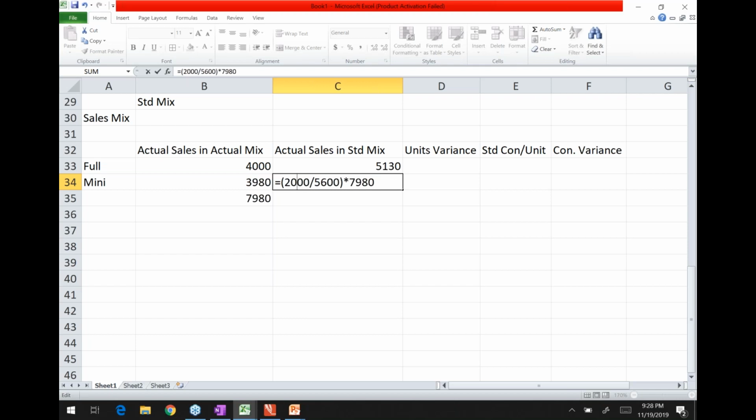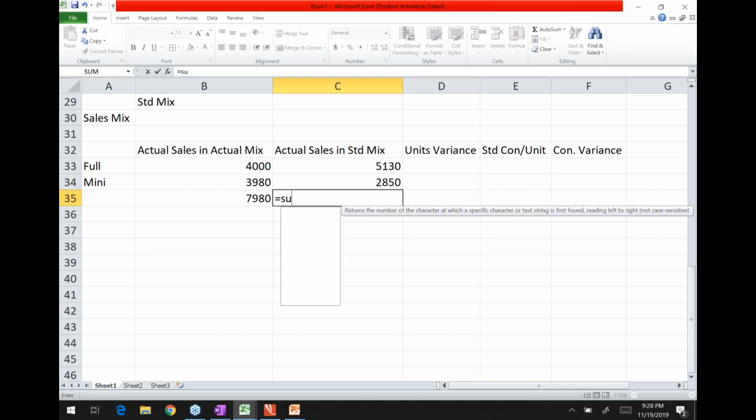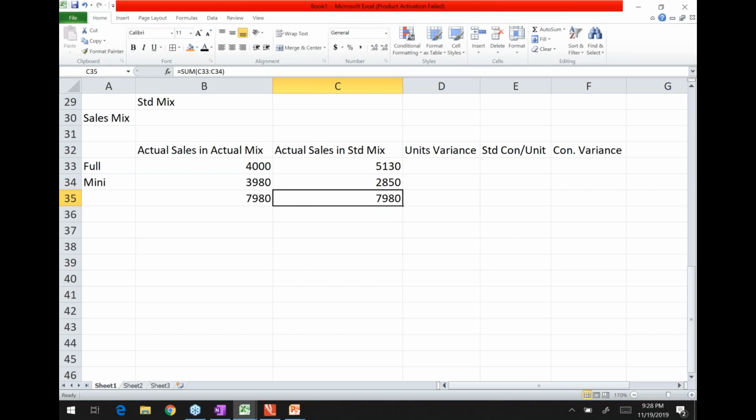So the answer now will be mini valet here. So this is what I've done. Actual sales have been multiplied with standard mix, and the same I've done here. So let's add. Hamza, you can ask questions using the chat box. It's available, I can see the comments. If I add, this will become 7980. Hope this is clear.